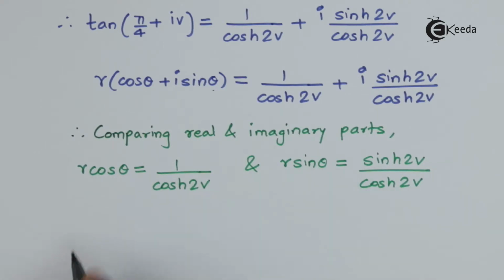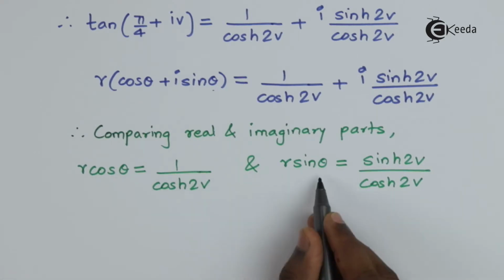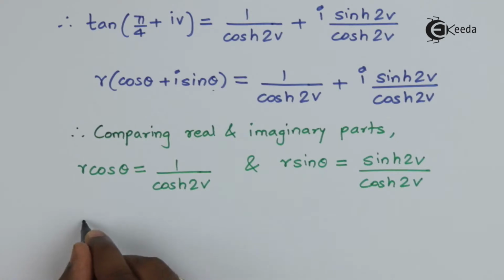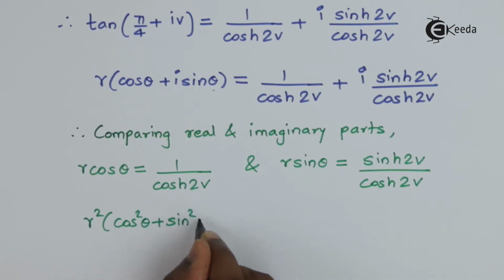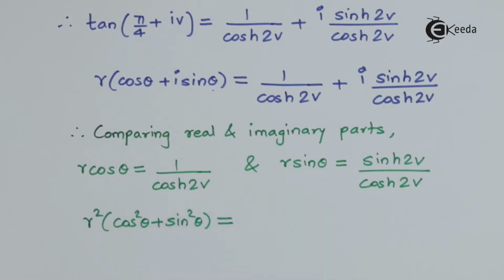So here we'll get r square cos square theta plus r square sin square theta. So I can say that r square in bracket cos square theta plus sin square theta equal to, here also I'll do squaring and adding. So we'll get 1 upon hyperbolic cos square 2v and hyperbolic sin square 2v upon hyperbolic cos square 2v.